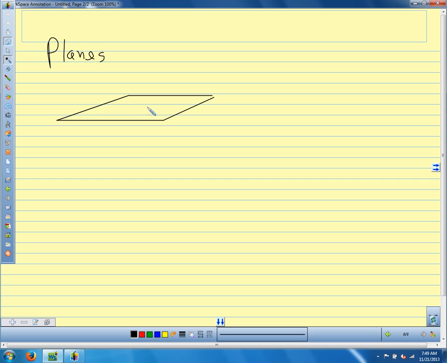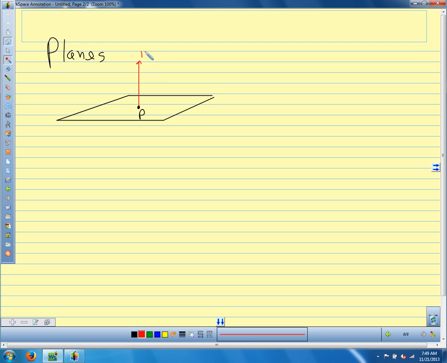And here's a point on the plane. And here's a normal vector. We're going to draw a normal vector here. So there's a vector normal to the plane.